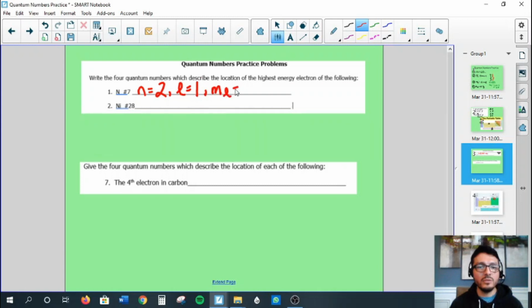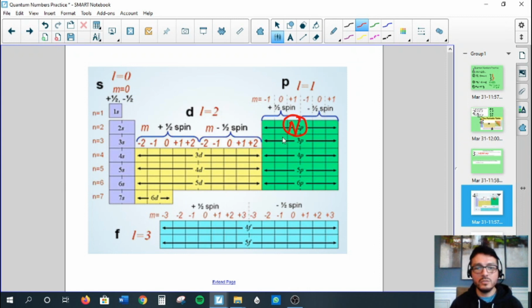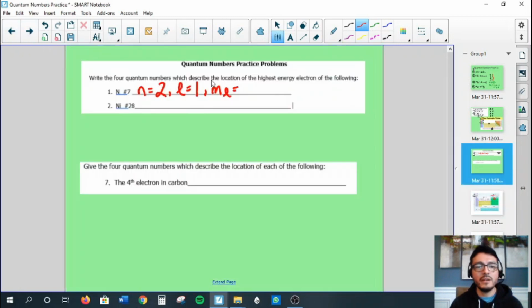ML refers to the orientation. We know that if p is 1, it must range from -1 to +1. It turns out this 7th electron falls under the +1 orientation, which we know to be Z orientation. Okay, it's not asking us for which one, X, Y, Z. It's asking us for numbers.